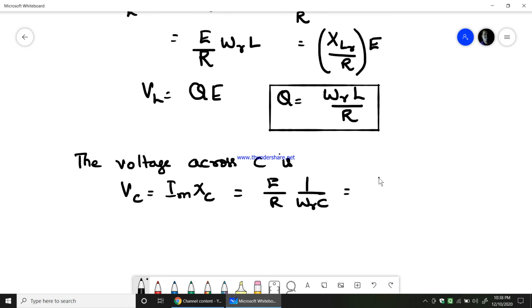Therefore, this would be equal to E divided by omega R C R, and this is actually quality factor into E. Now in terms of capacitor, the quality factor is equal to 1 over omega R C R.